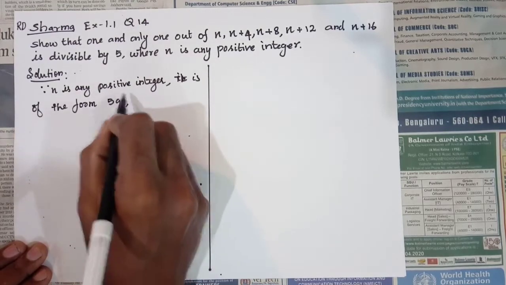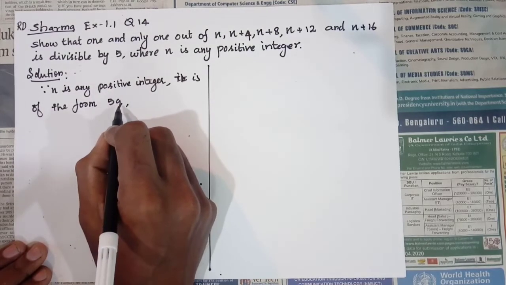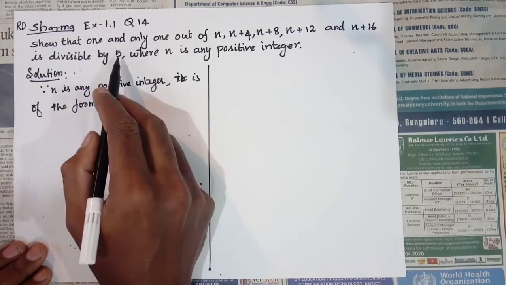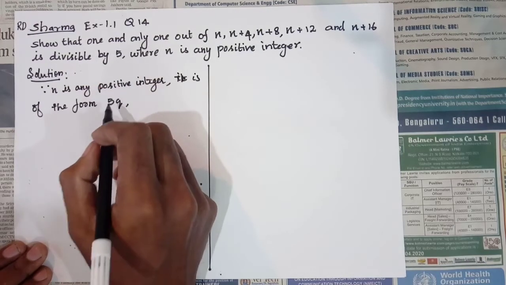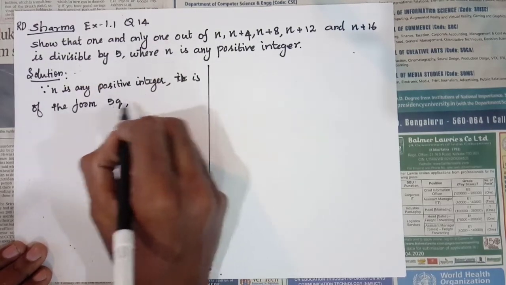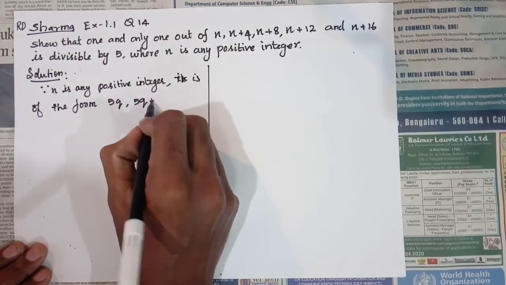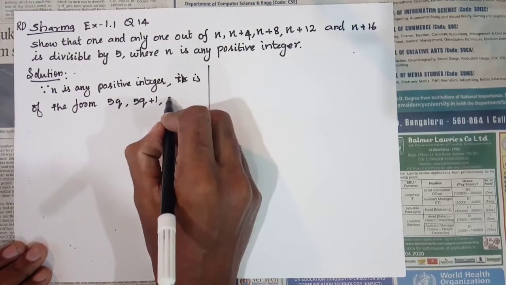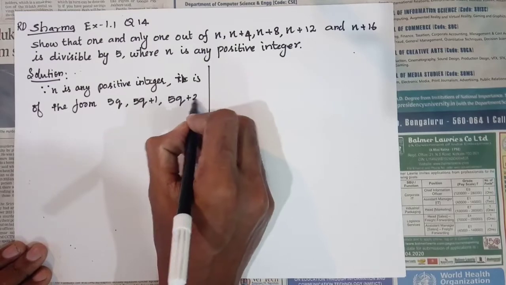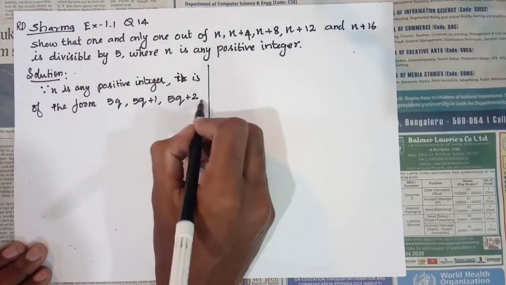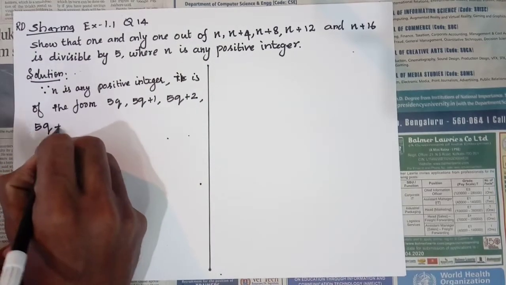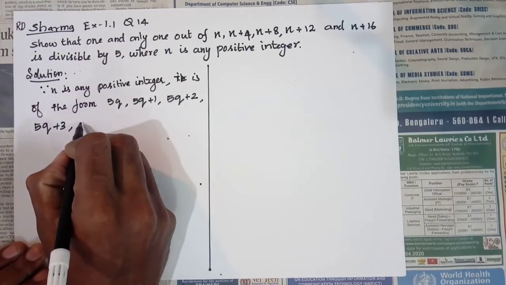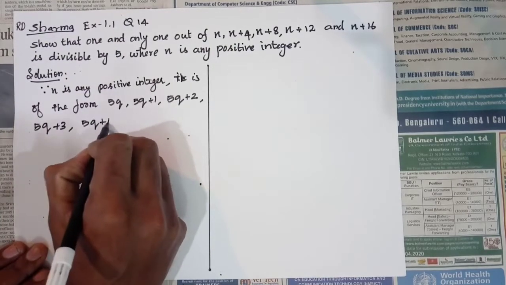We are taking that format instead of some other number because it's divisible by 5, so we have to take the divisor as 5. So 5q, next one is 5q plus 1, or 5q plus 2, or 5q plus 3, or 5q plus 4.